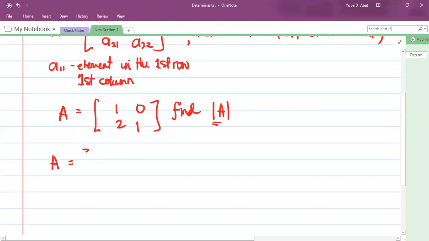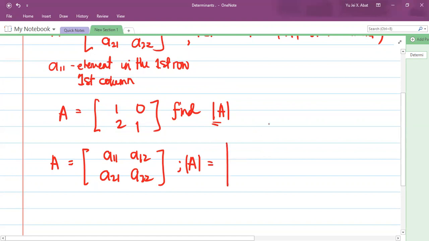If you have the matrix A with A11, A12, and so on, the determinant would be A11 times A22 minus A21 times A12.